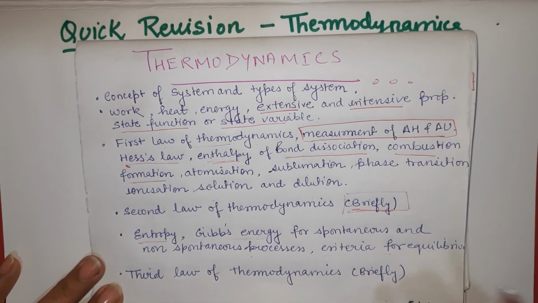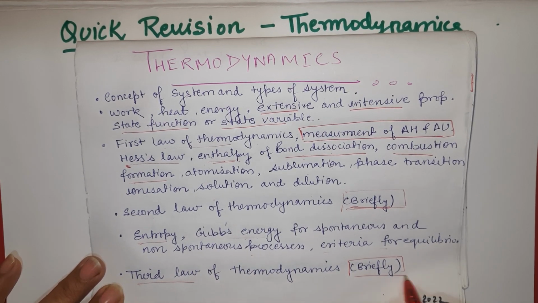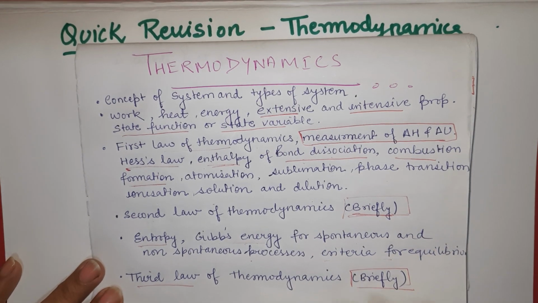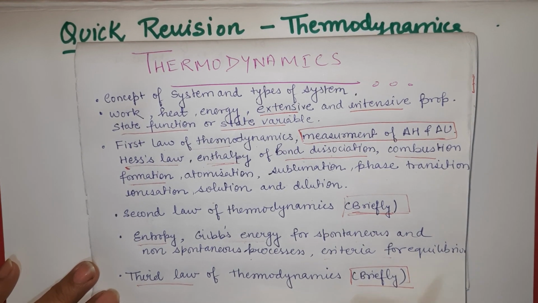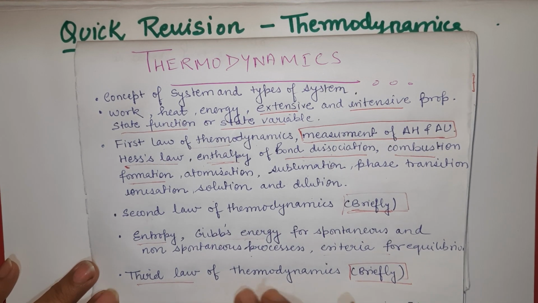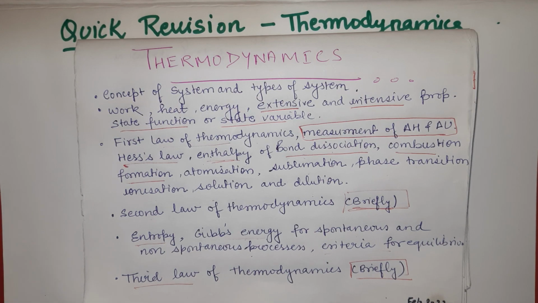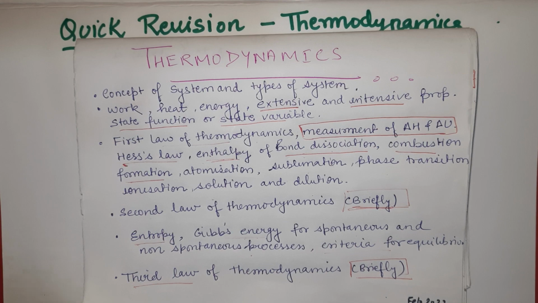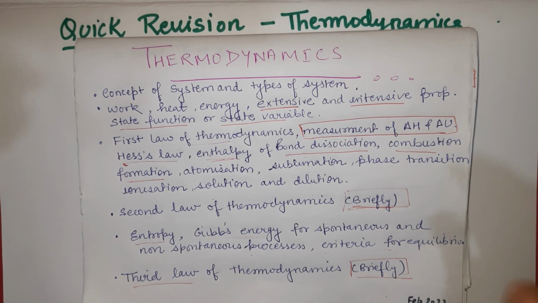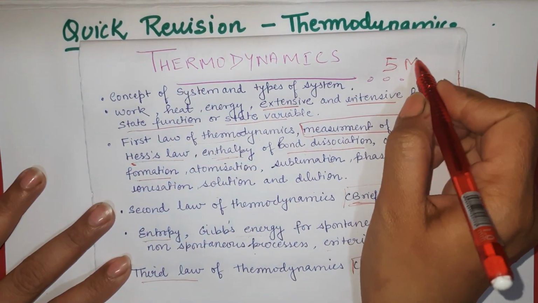Okay, and the last question is: state the third law of thermodynamics. This is also written very briefly, so no need to worry. The question will be asked like: state the third law of thermodynamics with relation, or only a 1 mark or 2 marks question can be asked. So if you see the overall syllabus of your thermodynamics chapter, lots of questions are very straightforward, and this chapter comes with the value of 5 marks only.